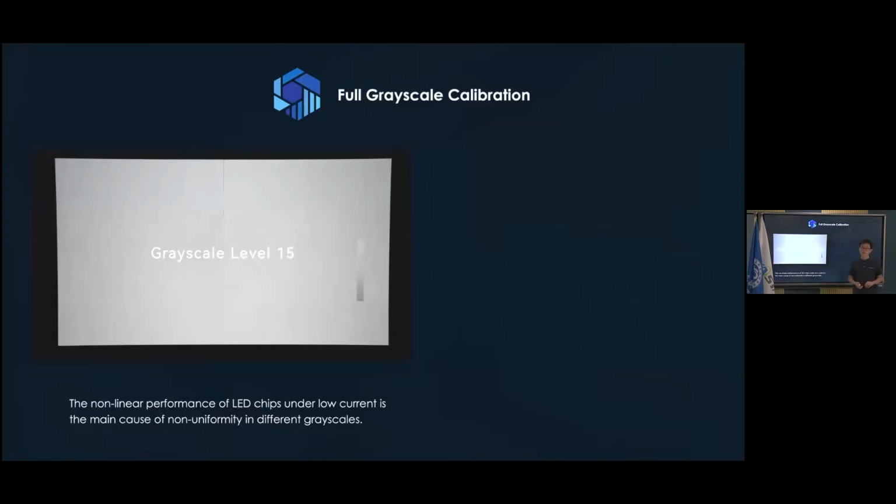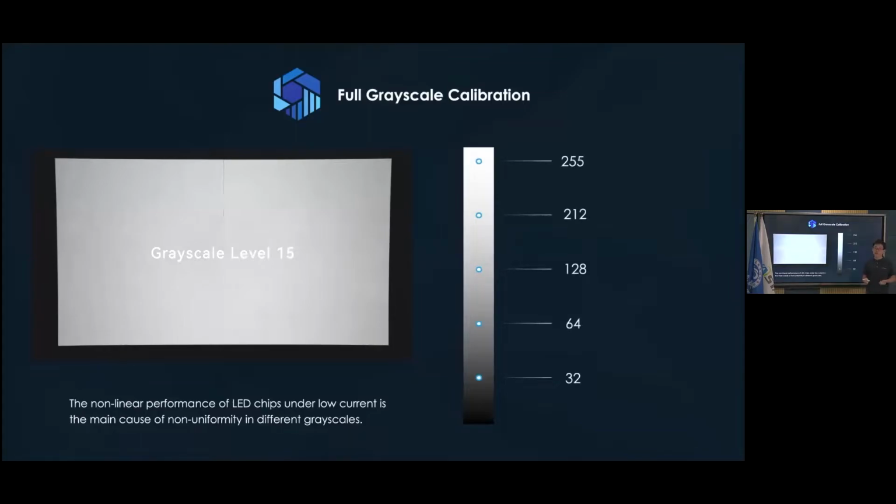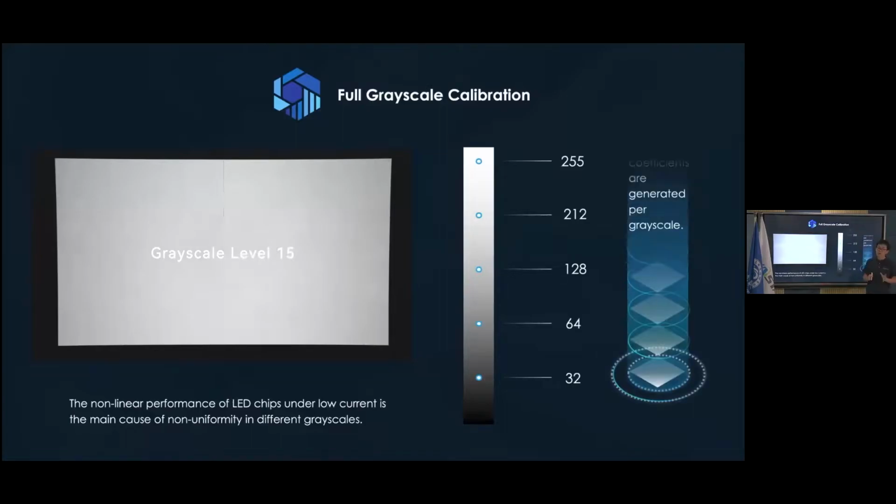That is because with full grayscale calibration, all the calibration coefficients are generated frame by frame and grayscale by grayscale, so you can get a more precise calibration effect for each grayscale.